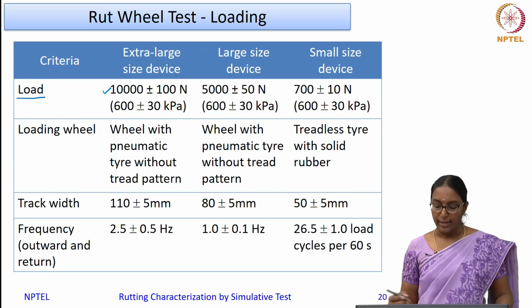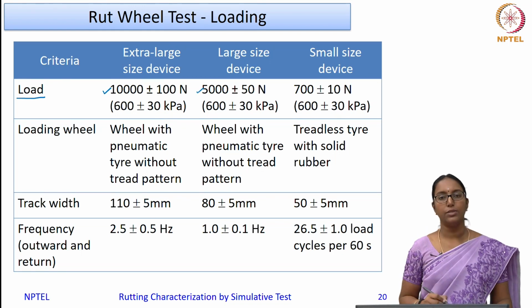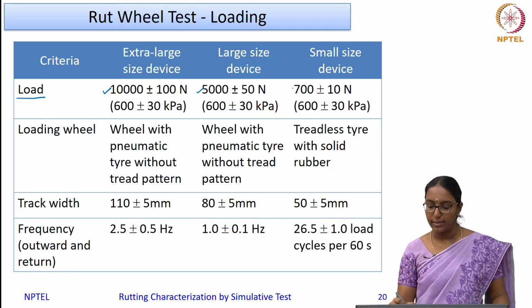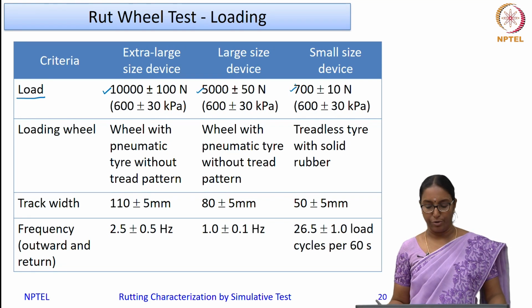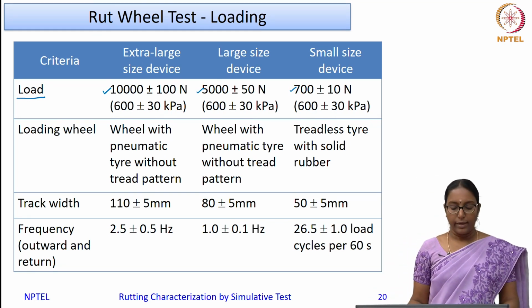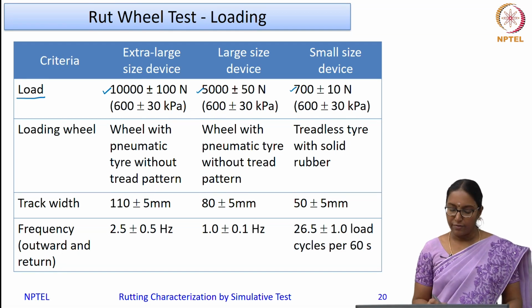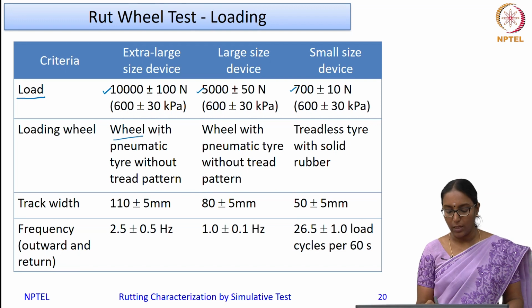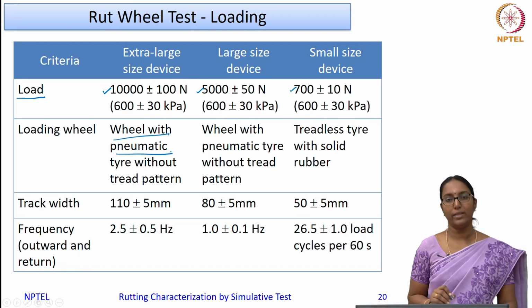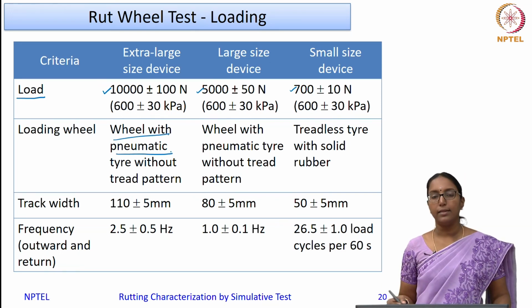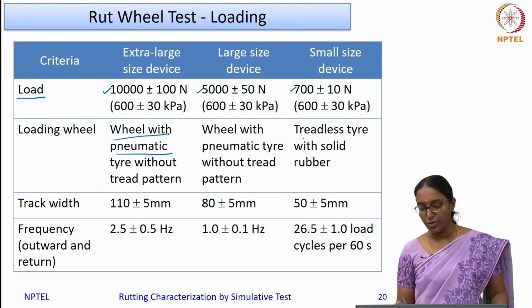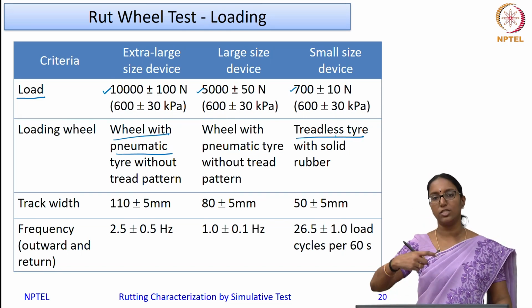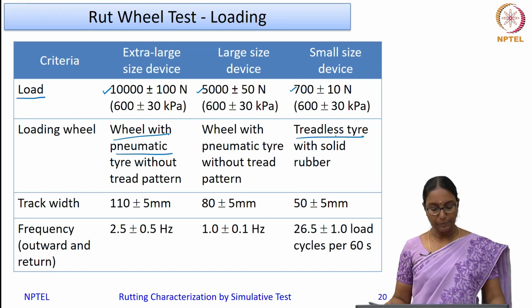In the case of a large size device, your loading is 5000 Newton, and in the small size device it is 700 Newton, whereas the pressure remains the same at 600 kPa. The loading wheel in the extra large as well as the large size device is a wheel with pneumatic tires without any tread. In the case of a small size device, you use a treadless tire with a solid rubber outer covering.